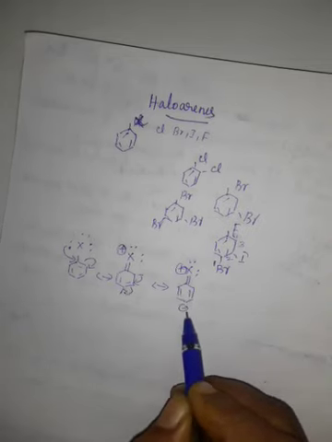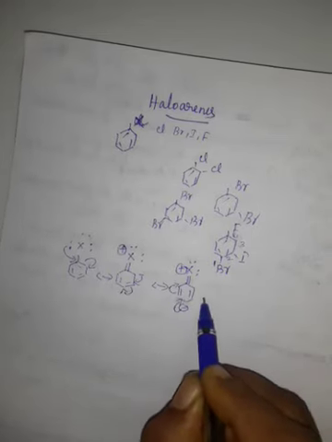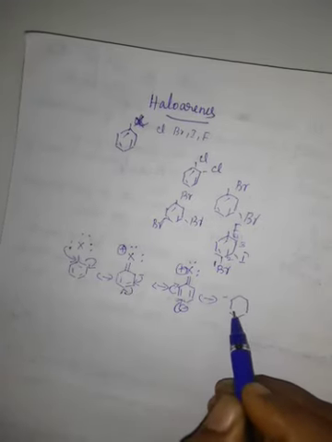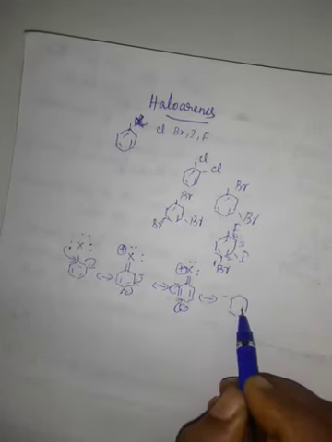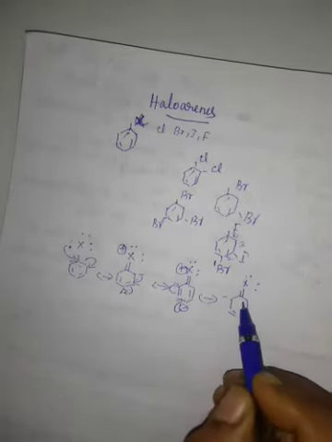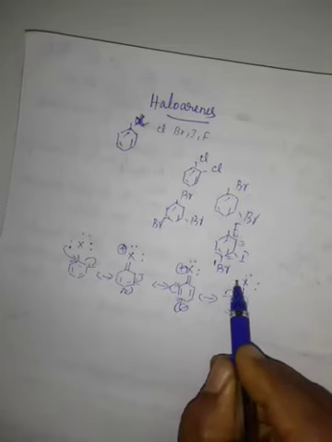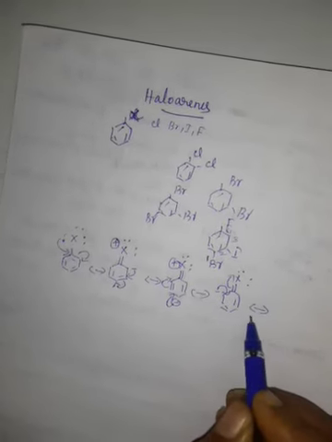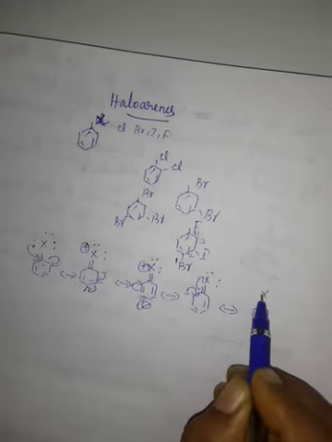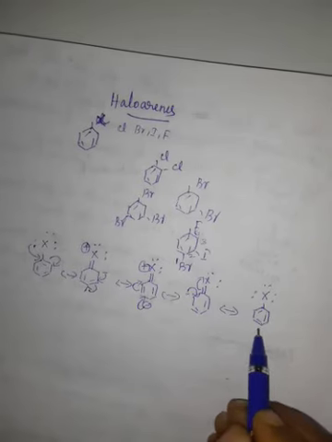Once more, this bond shifted here, this is coming out, minus, double bond X. Then once more, this is shifting inside and this is shifting out. So resonance, X with 3 lone pairs, benzene ring.